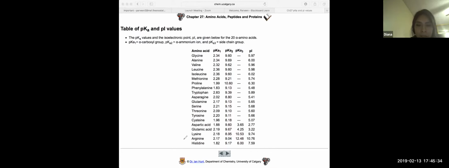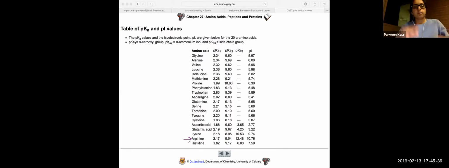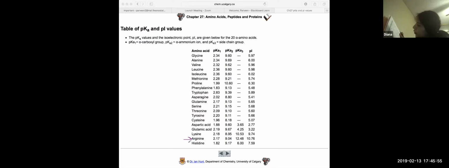The way we draw them, it's an amino group. There are 3 different parts to arginine, right? There is an amino group, a carboxyl group, and an R group. Are we going to look at all 3 when we determine the charge? 2 or only 1?